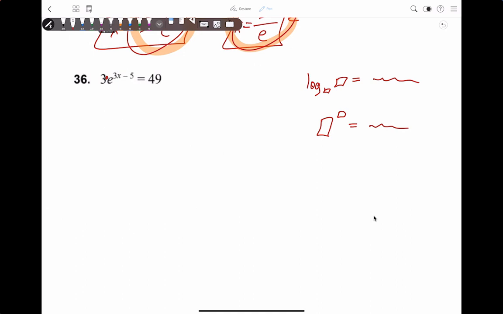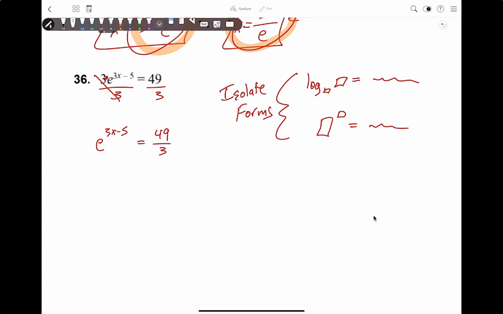This is when I'm trying to isolate forms, if you will. So that's why I read 3 times. So I'm going to divide both sides by 3. So I have 49 over 3 is equal to e to the power of 3x minus 5.